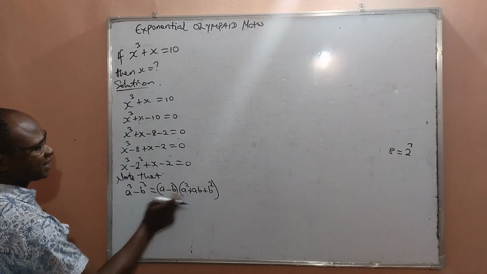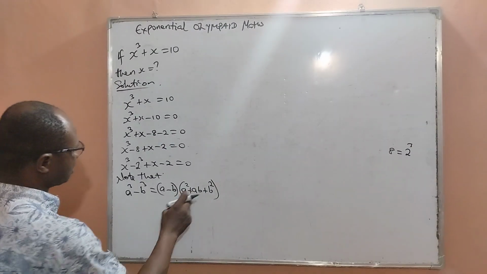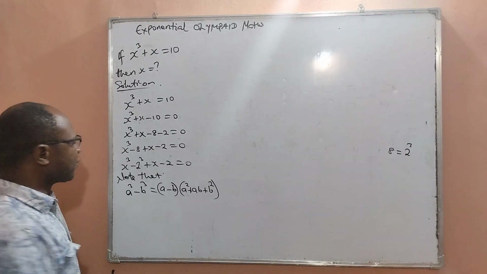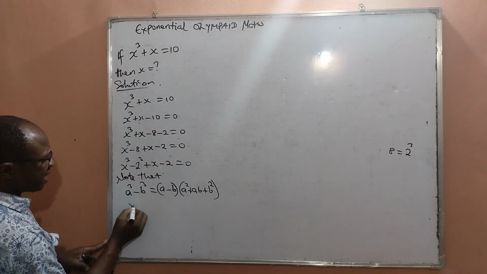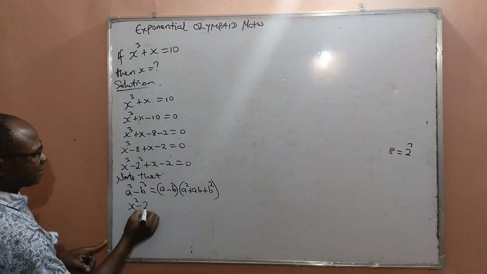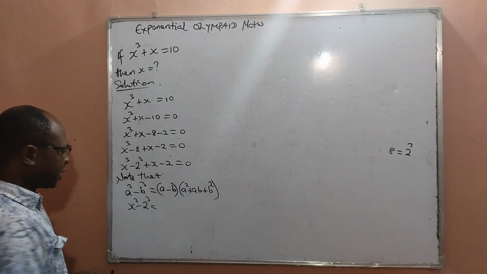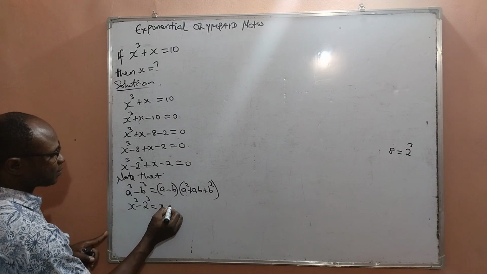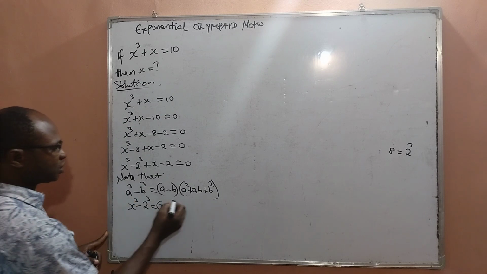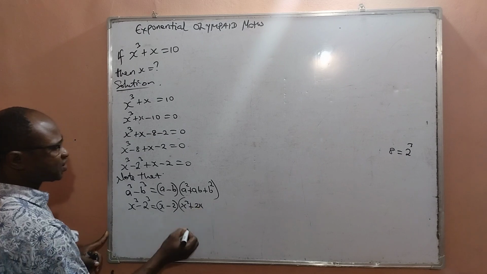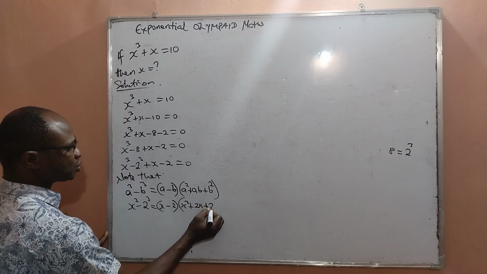When you multiply these two brackets, you get exactly a to the power of 3 minus b to the power of 3. Therefore, I am going to express x to the power of 3 minus 2 to the power of 3, following this law, as x minus 2 into x squared plus 2x then plus 2 squared.